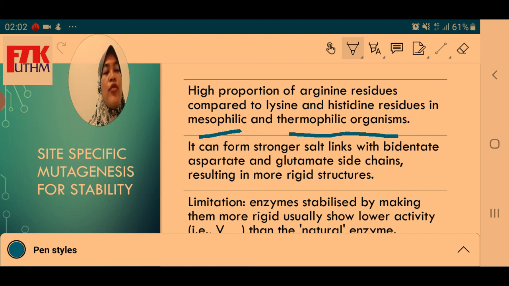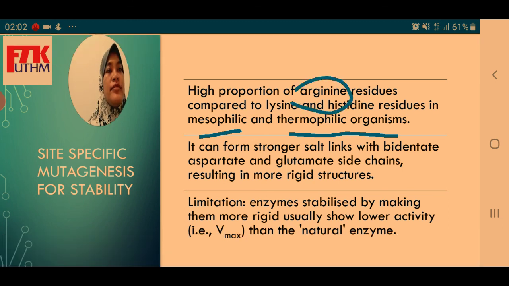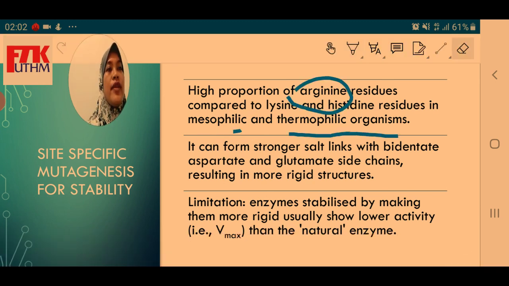Mesophilic and thermophilic organisms have a lot of arginine. If we compare with non-thermostable organisms, they have less arginine compared to lysine and histidine.